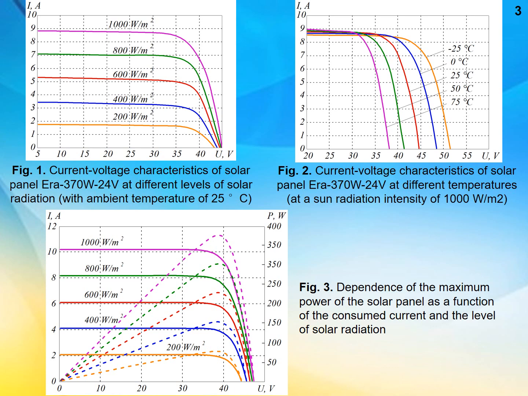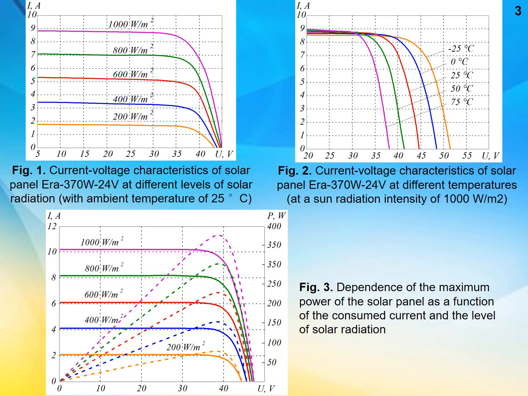At the same time, the current-voltage characteristics of the solar panel largely depend on the temperature of the panel, while an increase in temperature reduces the generated power, figure 2. The dependence of the power of the solar panel on consumed current is shown in figure 3.